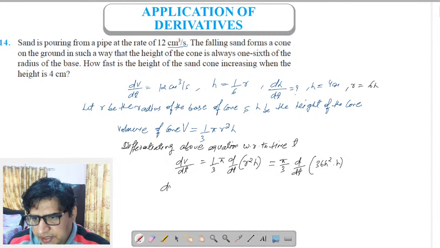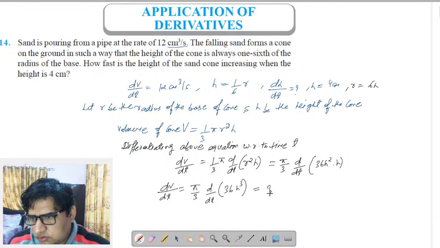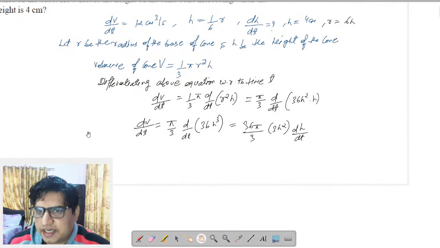So dV by dt is equal to π/3 d by dt of 36h³, and that will be equal to 36π/3, ठीक है, and that will be 3h² into dh by dt, ठीक है। So we can simply write it, okay, and then we can try to solve it further.